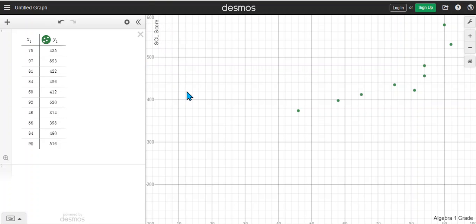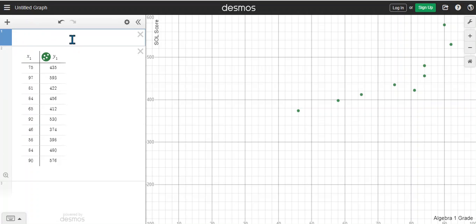You can actually do this with a text box if you prefer, but they are here now, so I don't have to do that. And then when we are doing our regression, you could add your line before you take the picture if you want. So I'll go over here to the plus, f of x expression, and the regression in Desmos is y1, and you just hit the regular one, and it will go down like that.